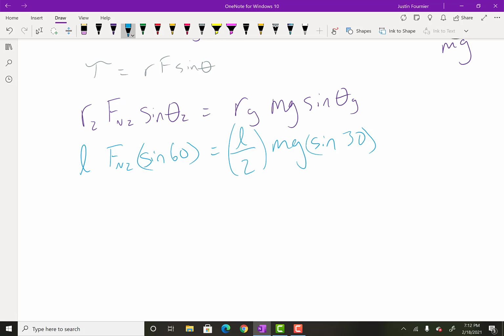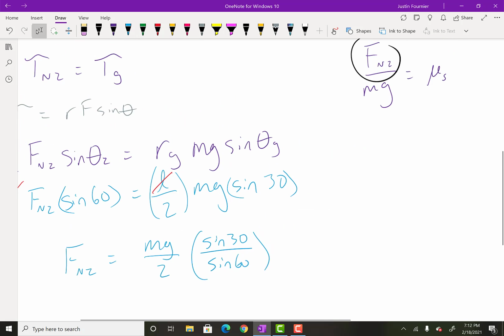So L cancels out like that. That's nice. I'm isolating Fn2. So in isolating Fn2, that's going to give me Fn2 equals mg over 2 sine of 30 divided by sine of 60. So it's just isolating everything there. Can I just plug stuff in now?